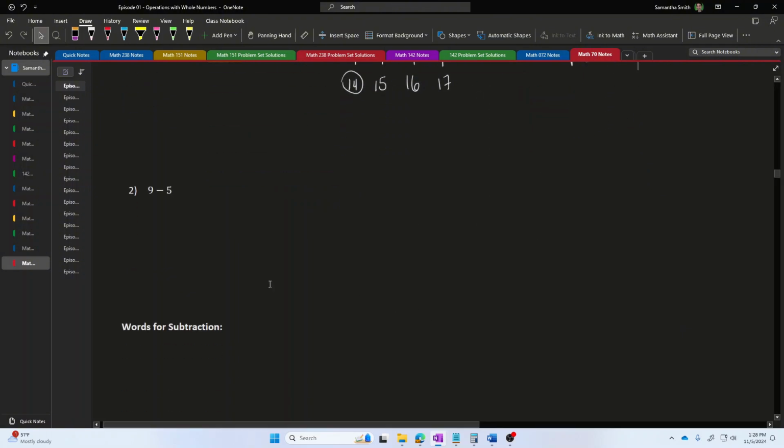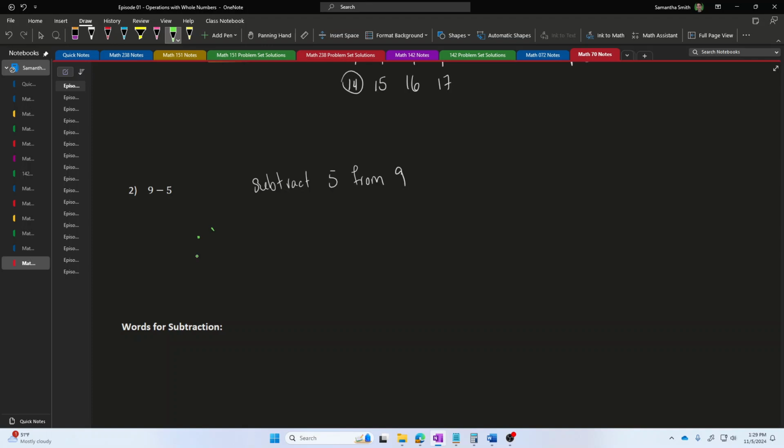I could also say 9 minus 5. So this is asking me to take a pile of 9 objects and subtract 5 of those objects, to subtract 5 from 9. I could think about this, for example, by counting.